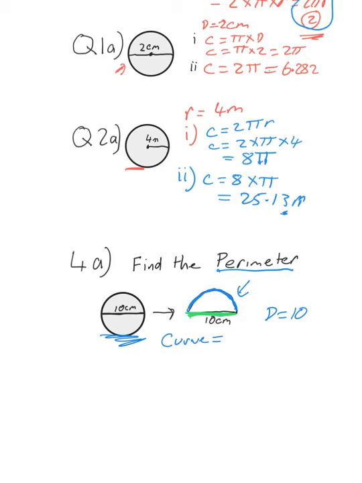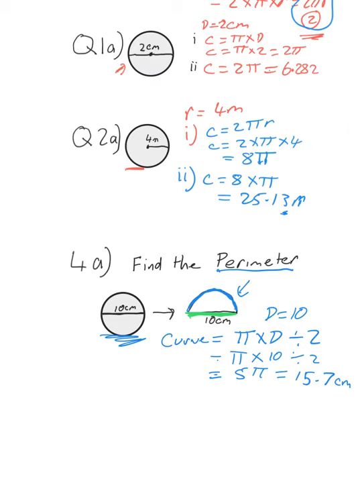A full circumference would equal pi times the diameter, but because it's only half a circle, we divide by 2. So pi times 10 divided by 2 equals 5 pi, which equals 15.7 centimetres.